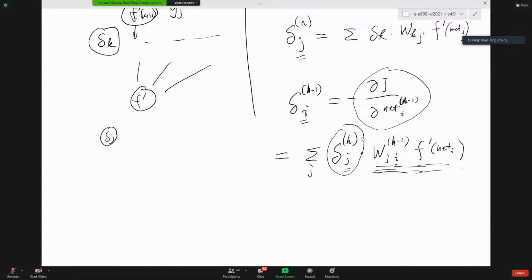Okay, so this one, if it's the first layer, is actually the error, or we also call it sensitivity, the sensitivity of error to a hidden unit.